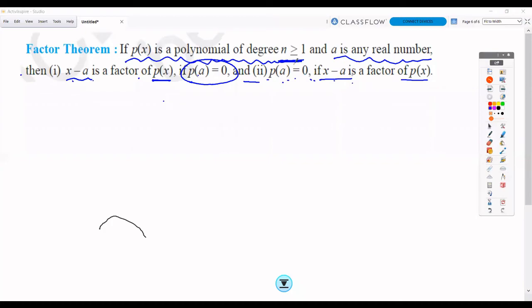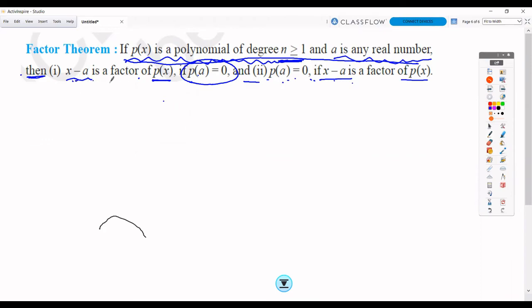So here the factor theorem and remainder theorem both are the same. You are supposed to note down these things, because in the examination sometimes they ask you to write down the factor theorem and remainder theorem, both having these sentences equal.